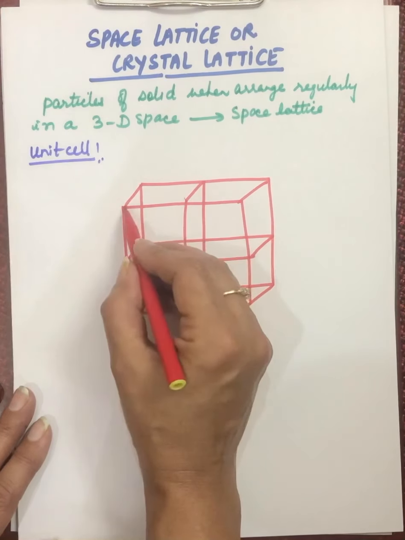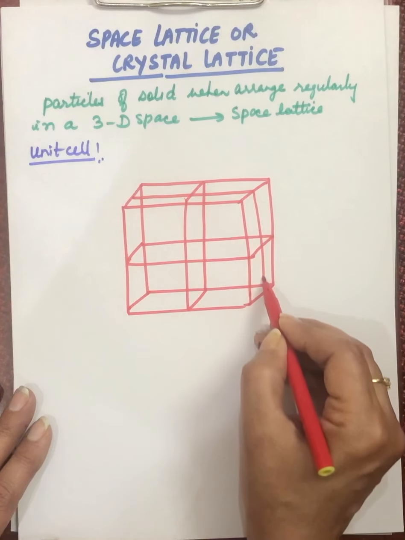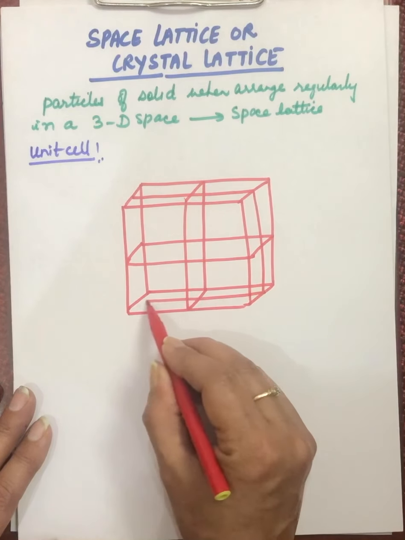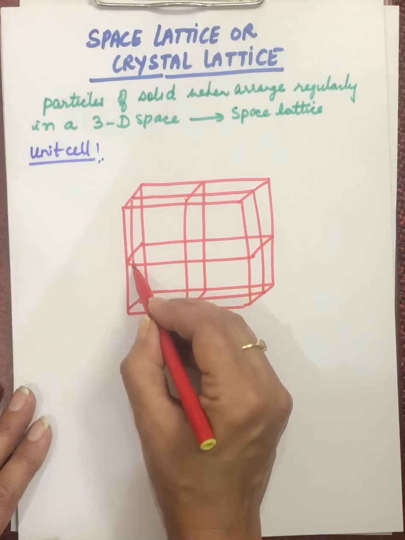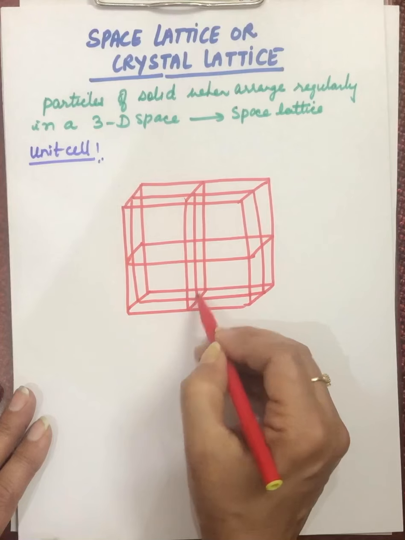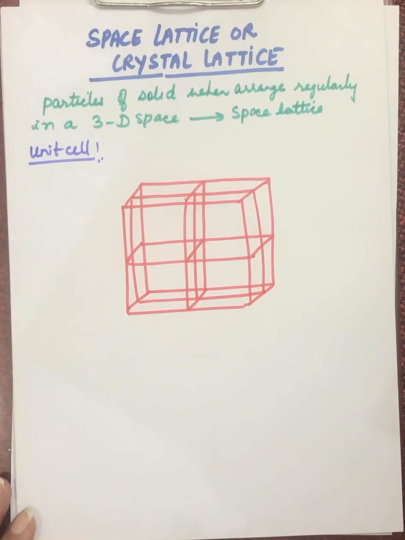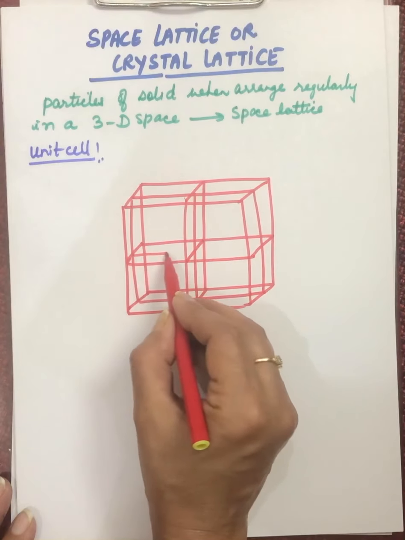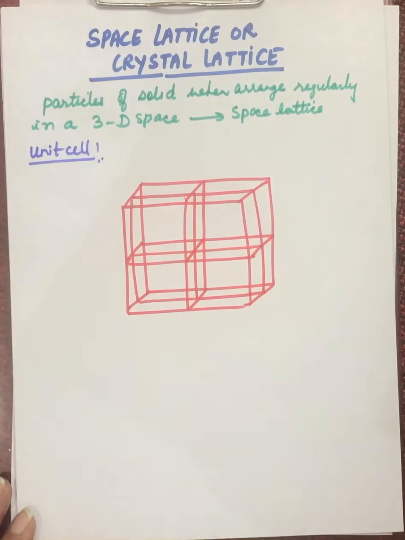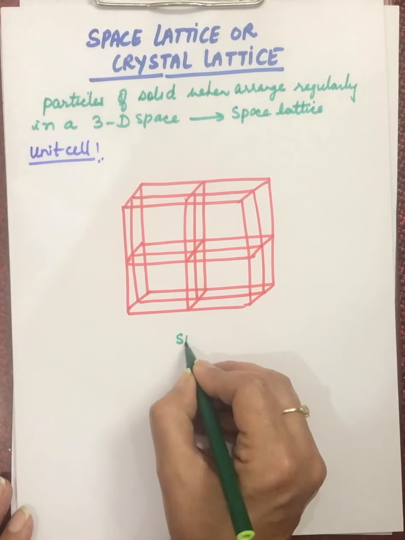After this, just see from the center, all these points we are dividing, one vertical line here and one line here. So when we draw this structure, one line is left here, these also we have to join. So when we see this structure carefully, this is actually a space lattice.